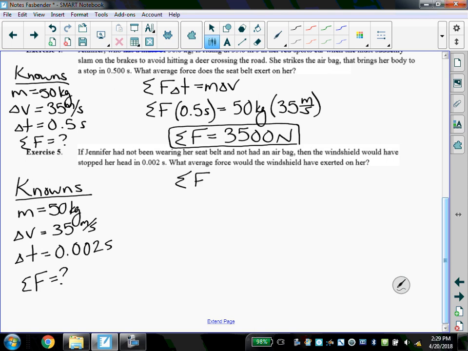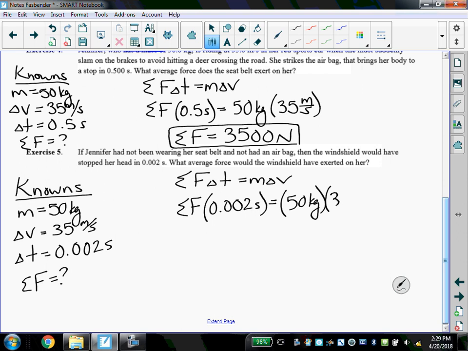So, sounds like we're going to have to do a very similar calculation. We'll use the impulse momentum theorem. We'll put in 0.002 seconds as the time, and then we'll keep the 50 kilograms and 35 meters per second as her mass and change in velocity.